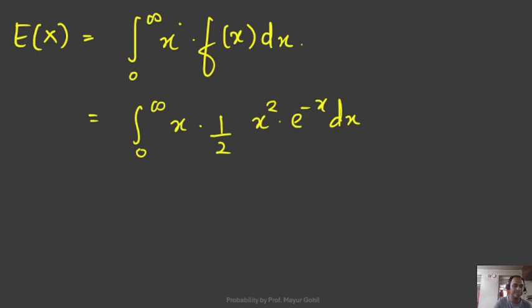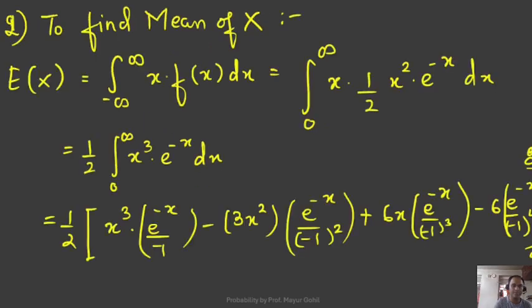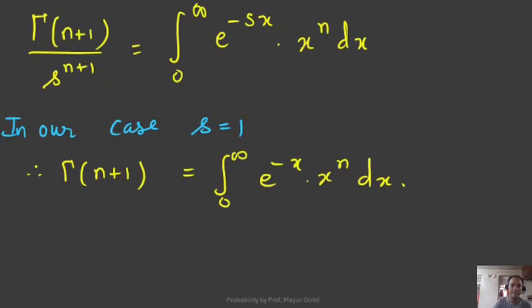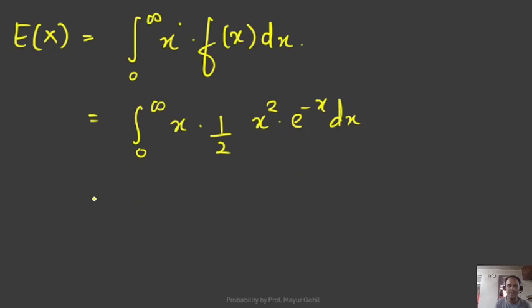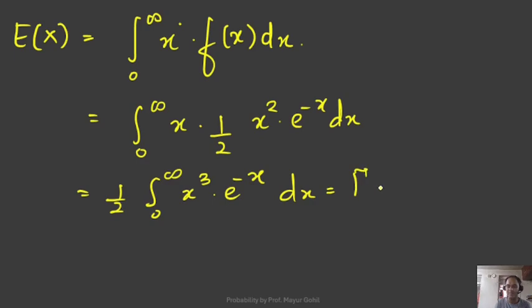Yeah, we had this part here. So now when we see this, your half would stand out, and integration 0 to infinity x cube e raised to minus x dx. Now this is nothing but the gamma function, half into gamma of 3 plus 1.